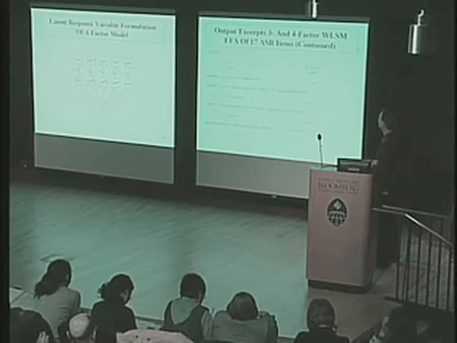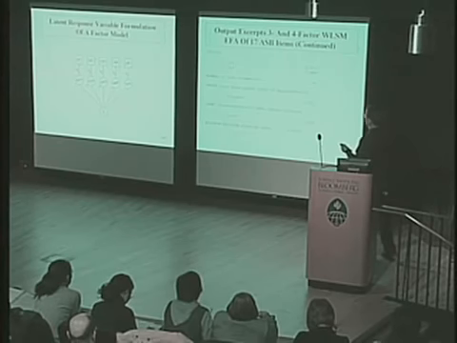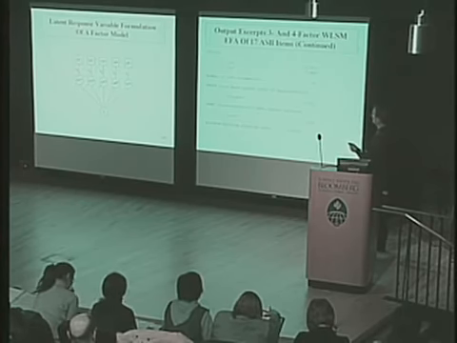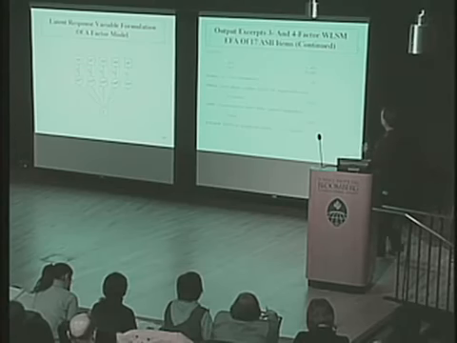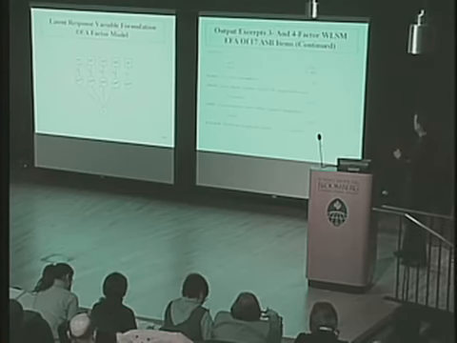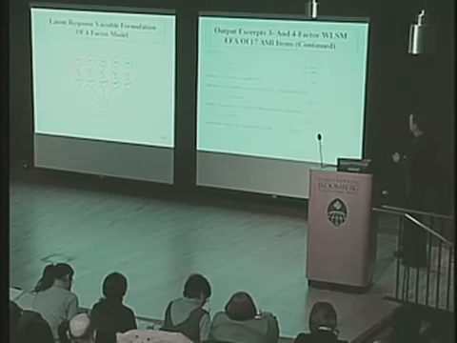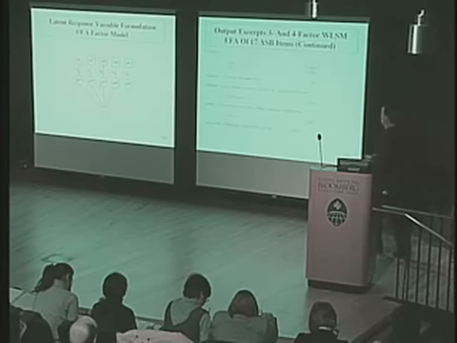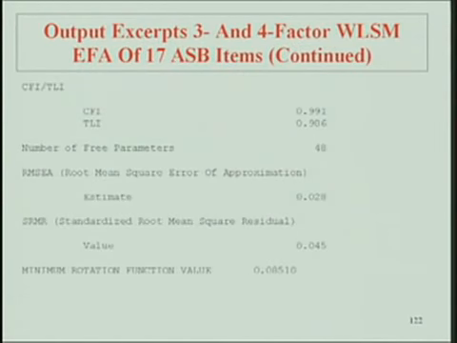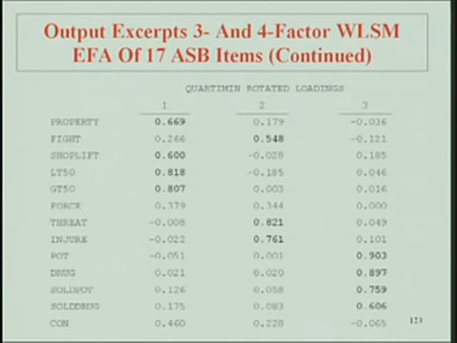If you look at the common fit indices like the comparative fit index, Bentler's fit index for an SEM, it's certainly greater than 0.95, 0.96. It's very high and would suggest that maybe you have a reasonable fit. Root mean square error of approximation and SRMR are also good indicators of fit. This is for the 3-factor model, I believe.